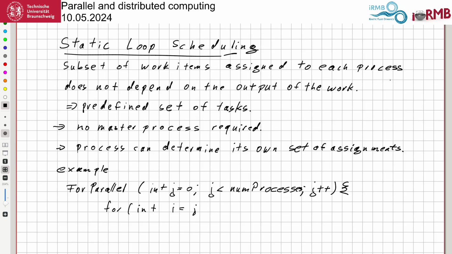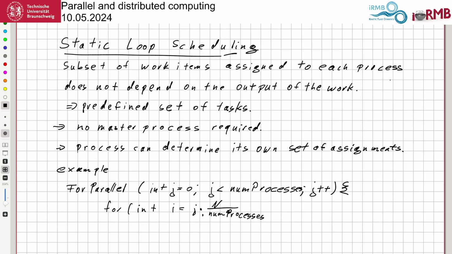Now we have to compute just the starting index from the number of work items that we want to process, n, divided by the number of processes.